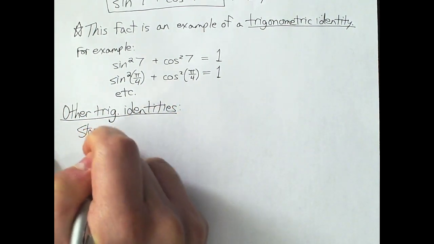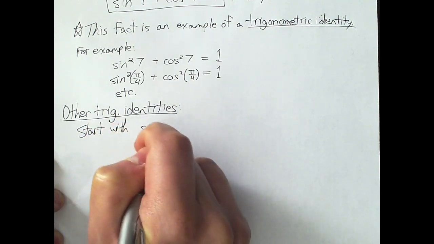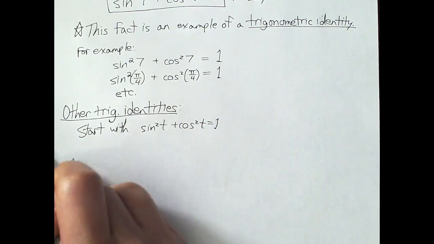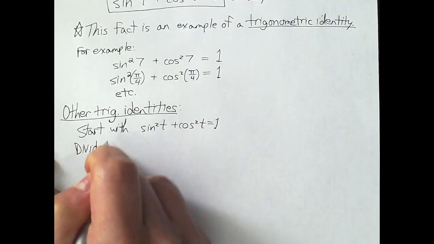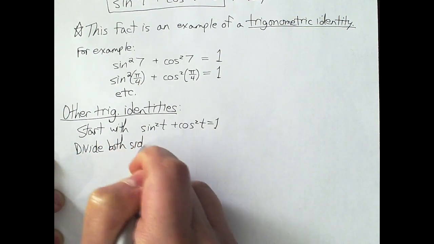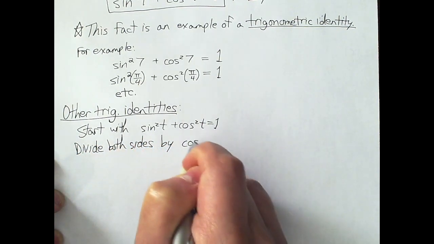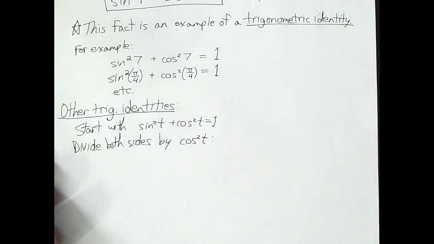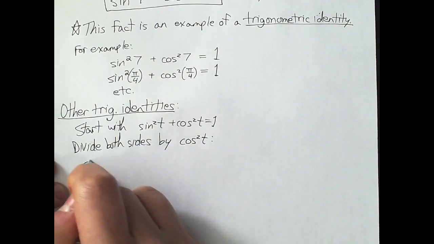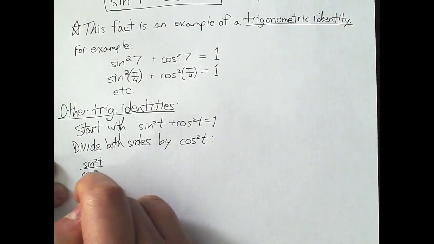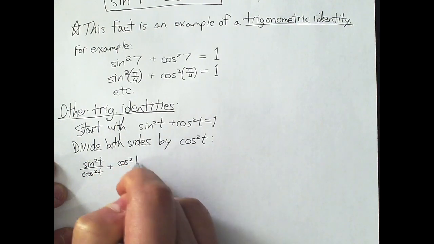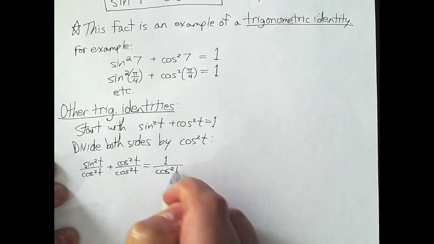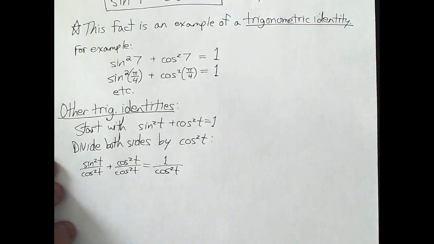If we start with the one that we had above, and we divide both sides by cosine squared t. So sine squared t over cosine squared t plus cosine squared t over cosine squared t equals 1 over cosine squared t. Let's simplify this a little bit.